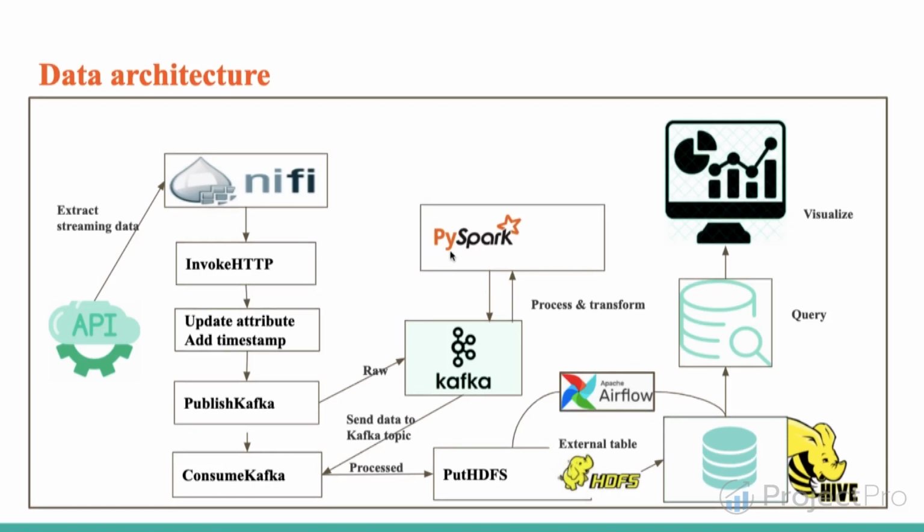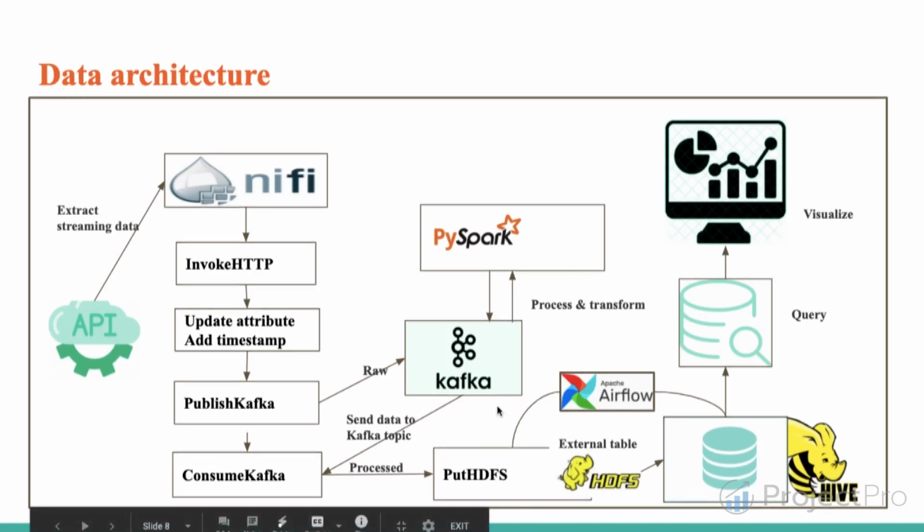This PySpark will read the input Kafka streaming data into a data frame using the readStream function, perform some operations on top of it, and then write the processed output data onto the output Kafka topic using the writeStream function. That data will be consumed using the ConsumeKafka processor in NiFi, and is then either parsed or directly stored onto HDFS using the PutHDFS processor in NiFi.